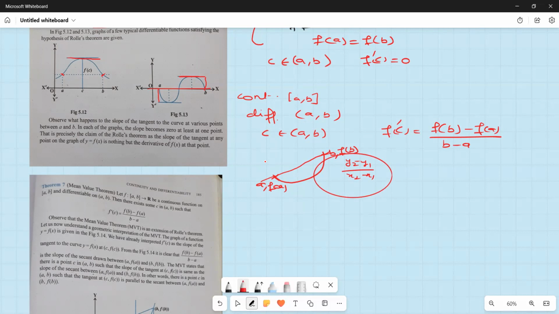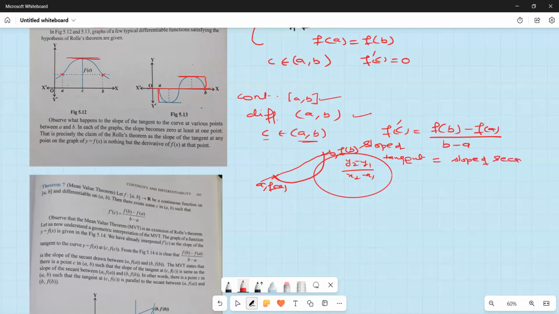So what I am getting is that if these two conditions are okay, continuity in the closed interval [a, b] and differentiability in the open interval (a, b), then there exists a c, an element of the open interval (a, b), meaning it can't be a or b. Then f'(c), the slope of the tangent, is equal to the slope of the secant.